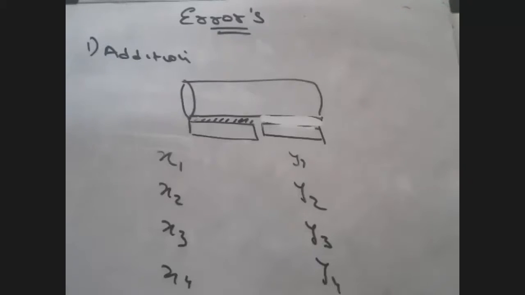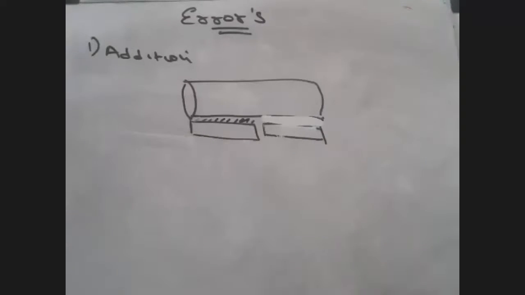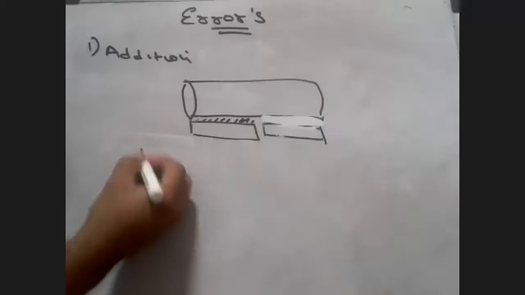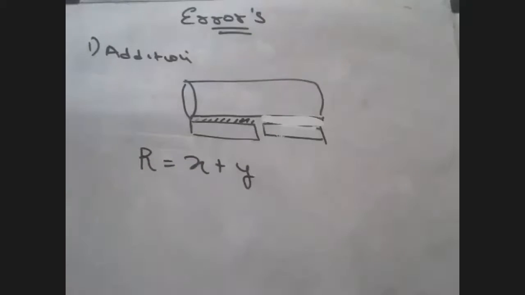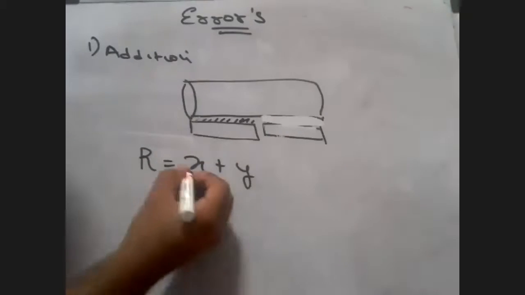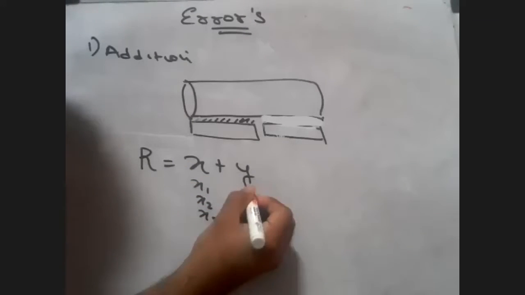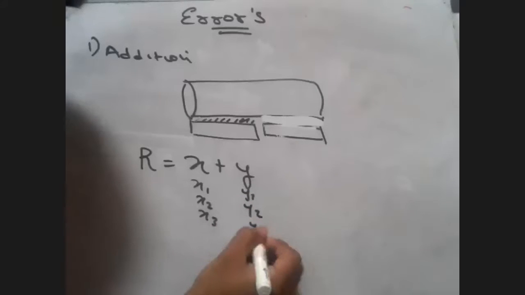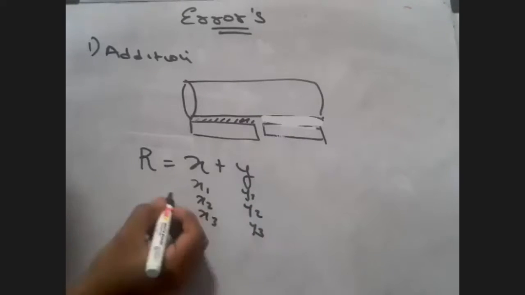So students, with the help of this type of an example, I can understand that my result, let's call that R, is going to be x plus y. But students, I had taken so many measurements, x1, x2, x3, and y1, y2, y3. So of course, the result with respect to x1, y1 is going to change.